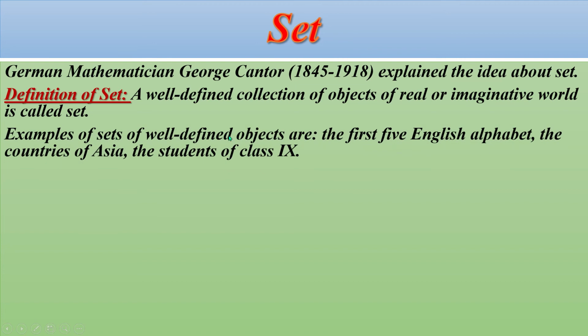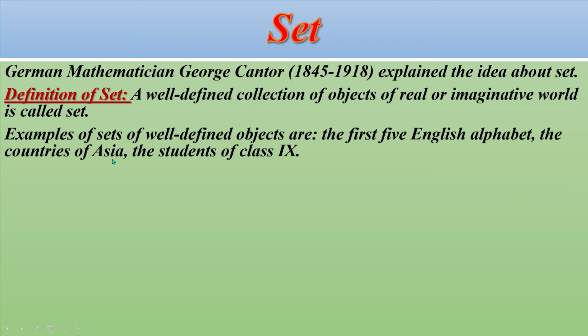Examples of sets of well-defined objects are the first five English alphabet, the countries of Asia, the students of class 9. Well-defined means the students of class 9 here will be only the students of class 9, not other classes.